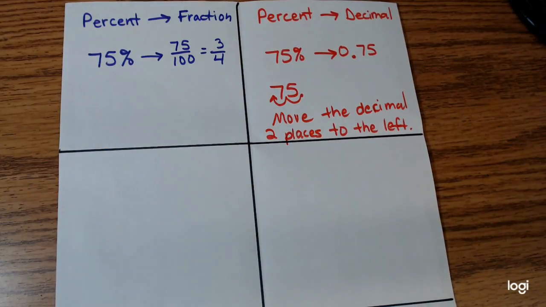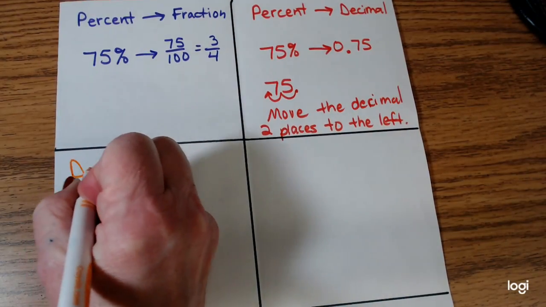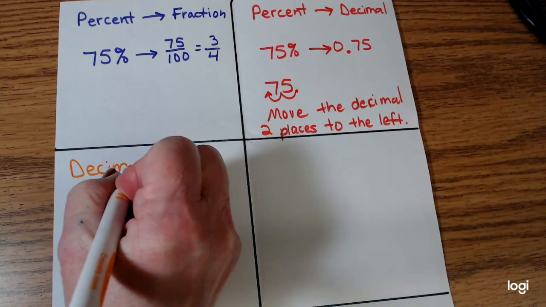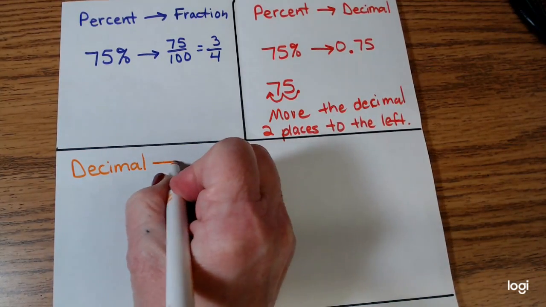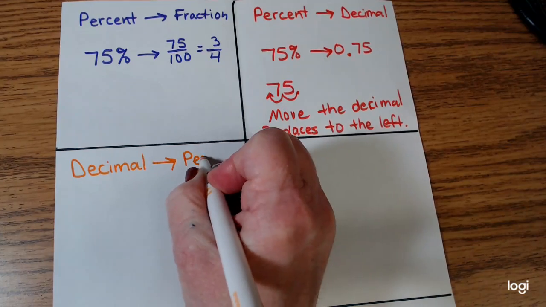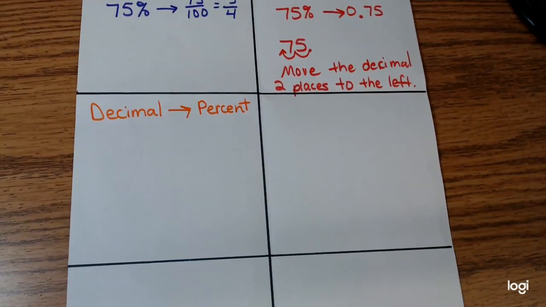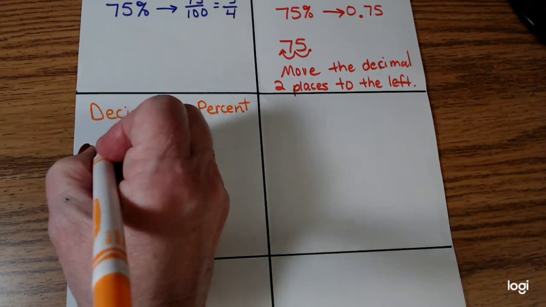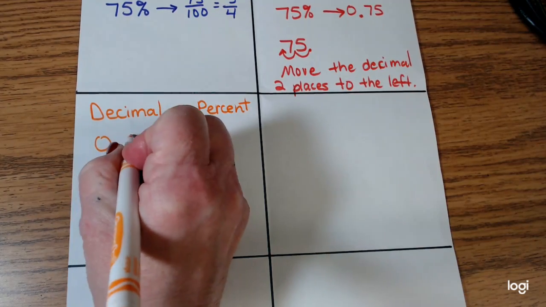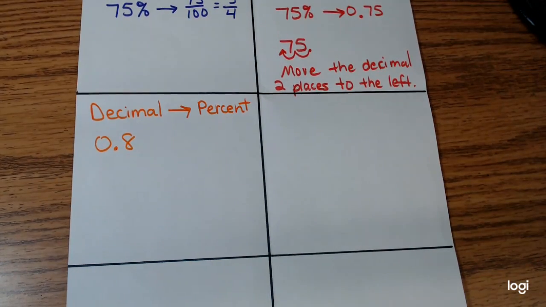The next box we're going to write is decimal to a percent. Okay, decimal to a percent. Well, let's say the decimal that I'm going to give to you is this one, which is 8/10.